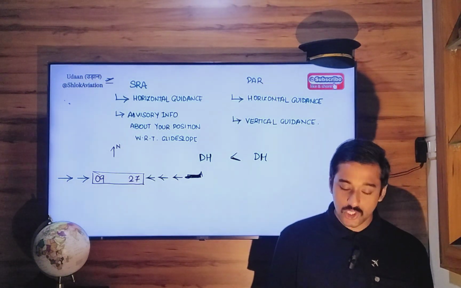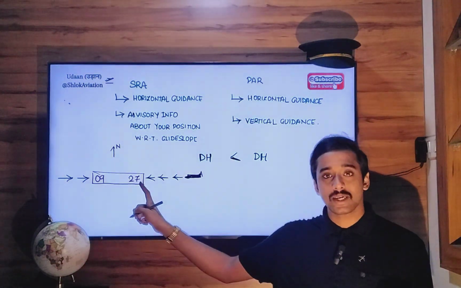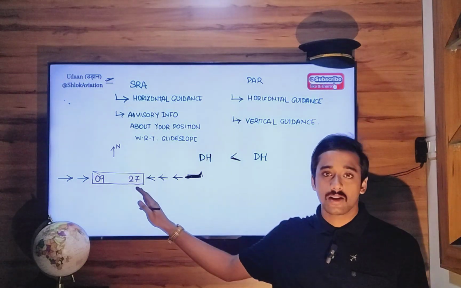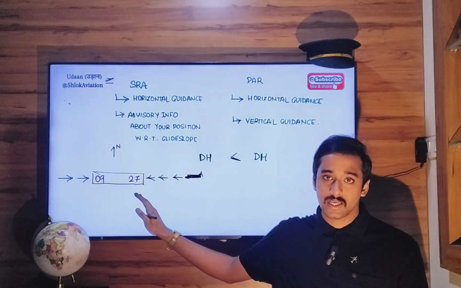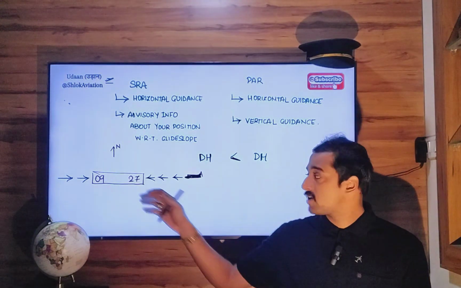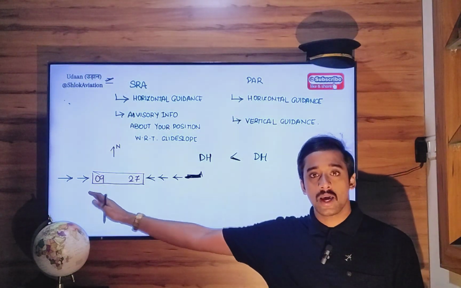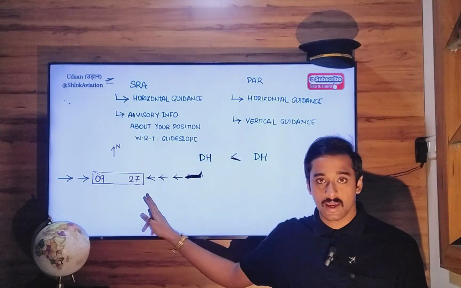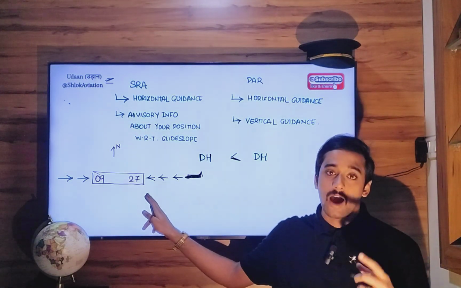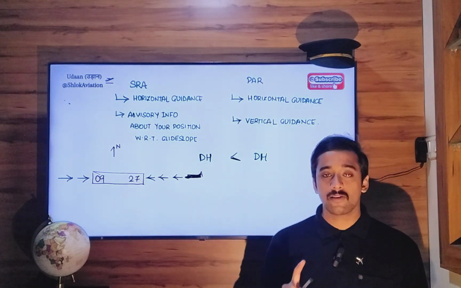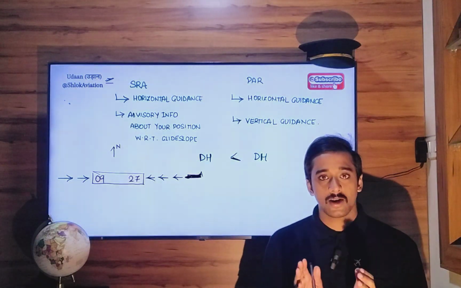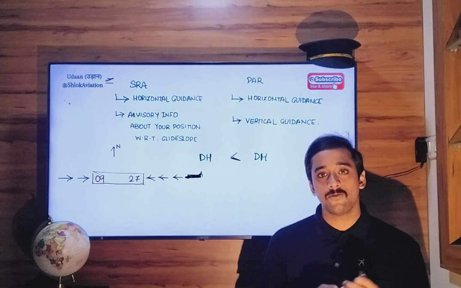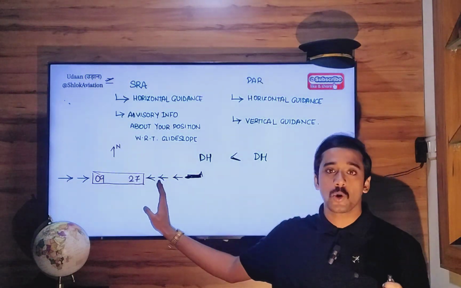So the precision approach radar can be used to conduct precision approaches for runway 09 as well as runway 27. But if the runway changes from 09 to 27, there will be a time gap of half an hour before the precision approach radar equipment is available for conducting approaches on the reciprocal runway.